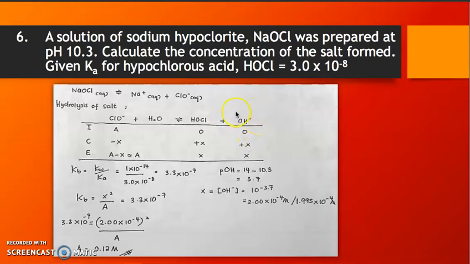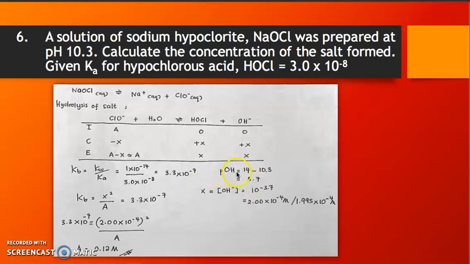So the hydroxide ion here means that we need to find the Kb. Given Ka here, you need to find the Kb. Use the formula Kw divided by Ka, and you get 3.3 exponential negative 7 for Kb.